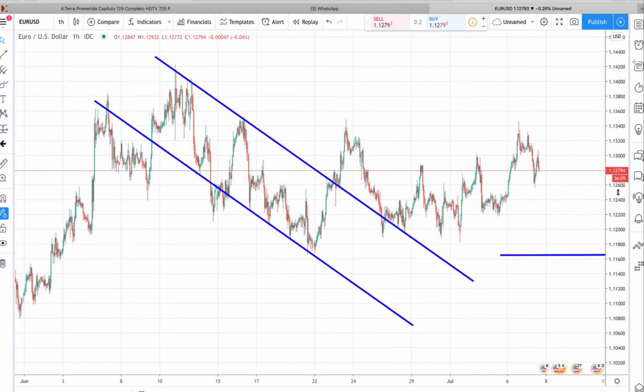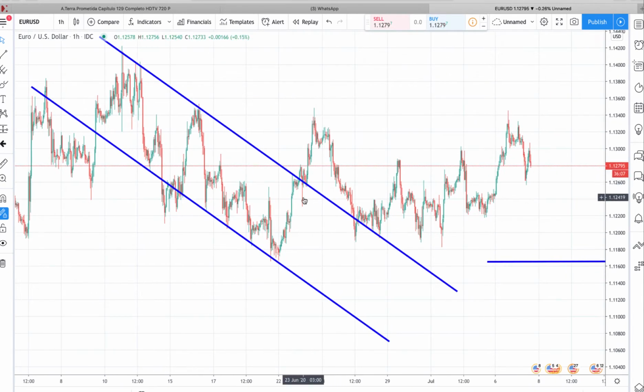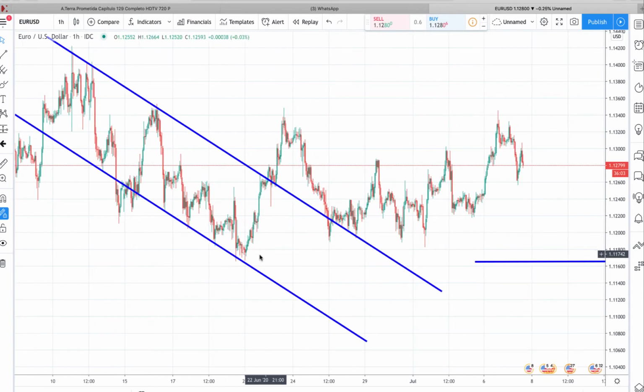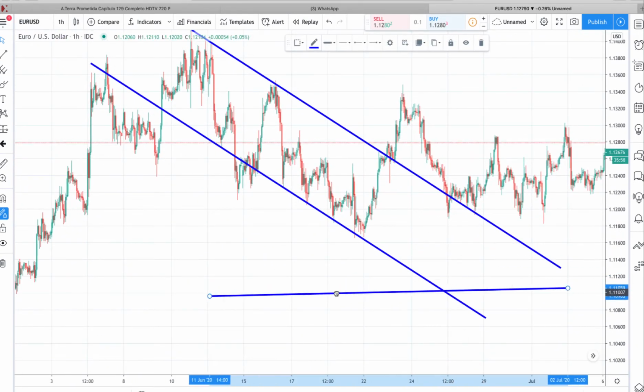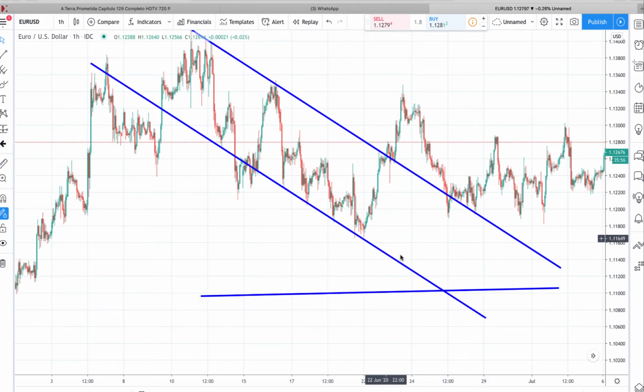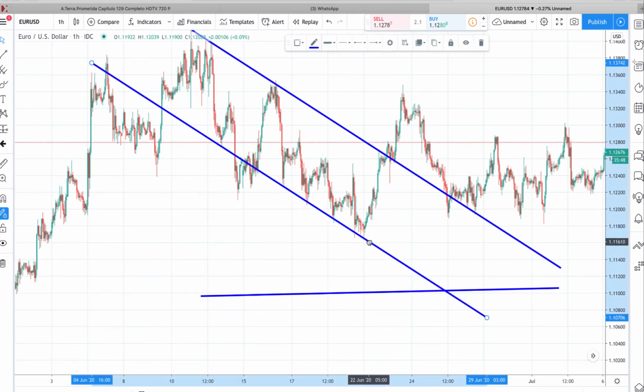look what happened. When the market came to this point here, we don't see the market having any more strength to carry on dropping the price. It touched this line once, twice, and three times if we adjust this properly.